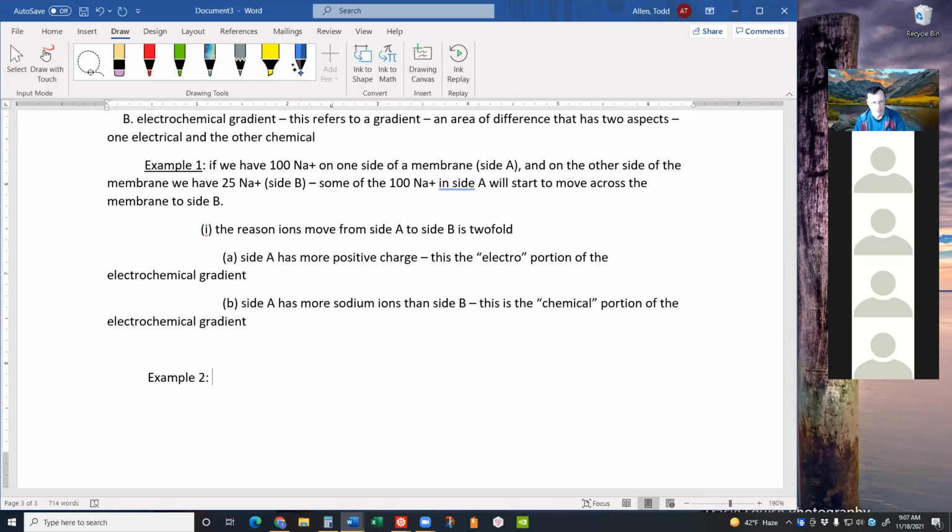For example 2, if we have the same situation that we defined in example 1, but we magically add 25 potassium ions to side B, that's going to mix things up a little bit.